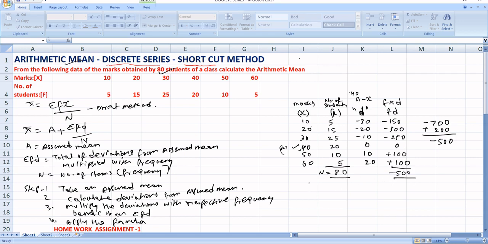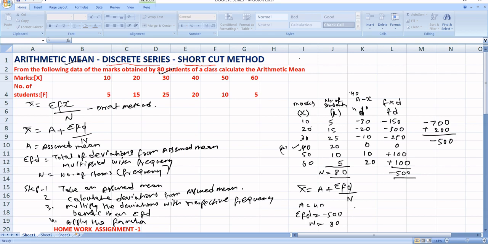Now first we have to write the formula. Arithmetic mean is equal to a plus summation fd by n. This is the formula under shortcut method. What is a? A is equal to 40. Summation fd is equal to minus 500, and n is equal to 80. With these figures we have to calculate.